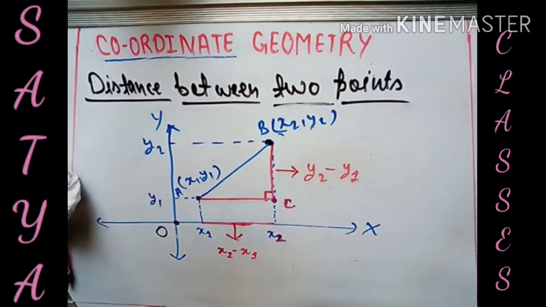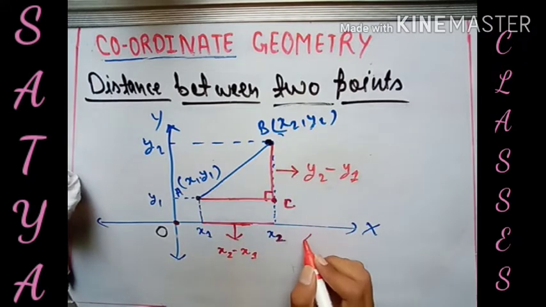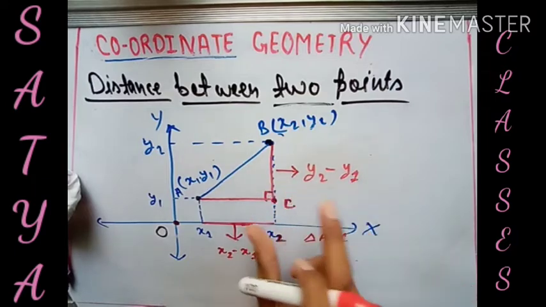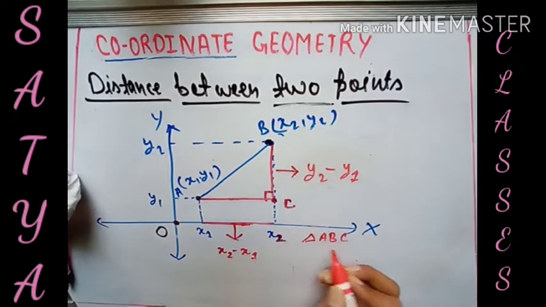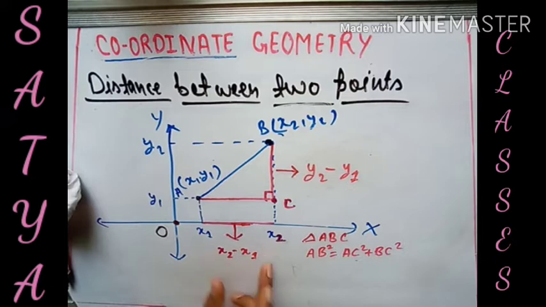Understand? Let's apply Pythagoras theorem in triangle ABC. Since you know about the right angle triangle and ABC is also right angle triangle, so let's do it. AB square is equal to AC square plus BC square. Simply you can do it. In the place of AC square, look at this distance. This distance is how much? x2 minus x1.